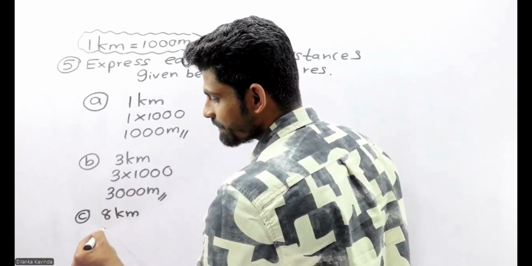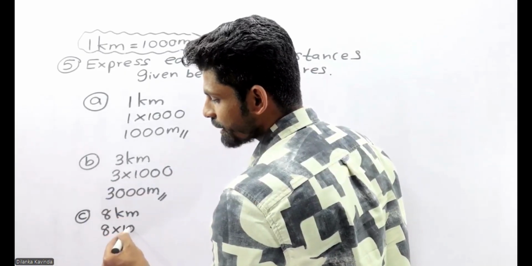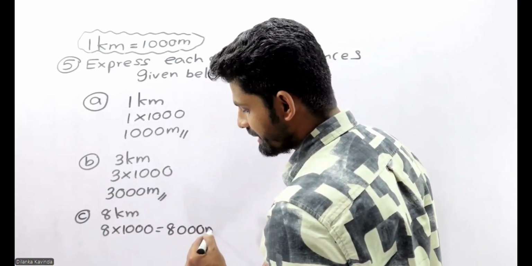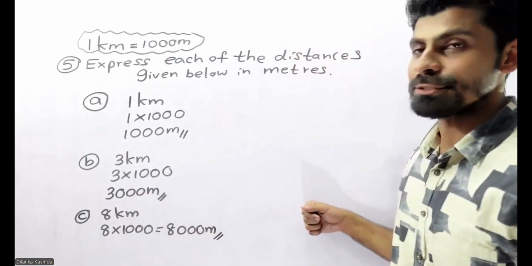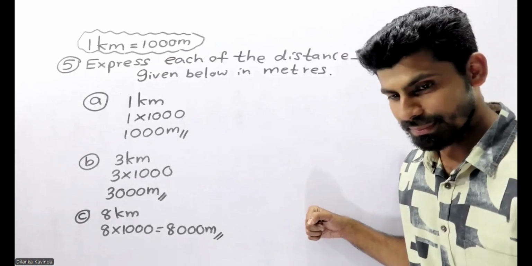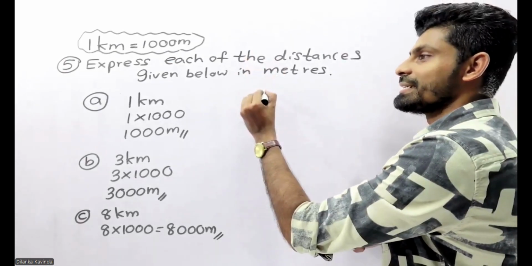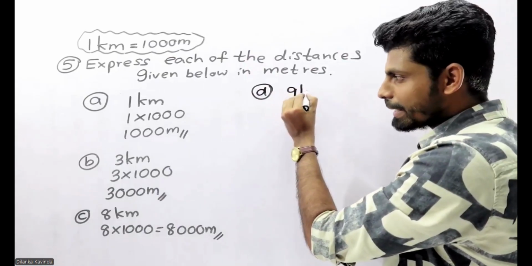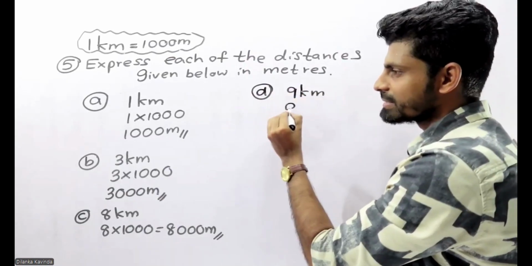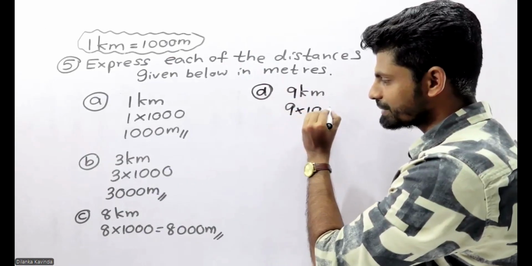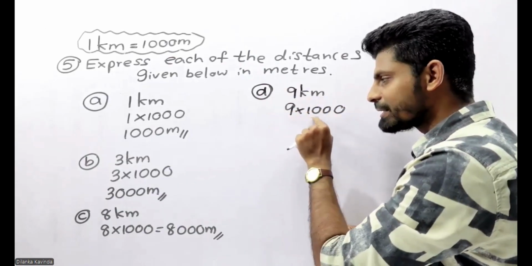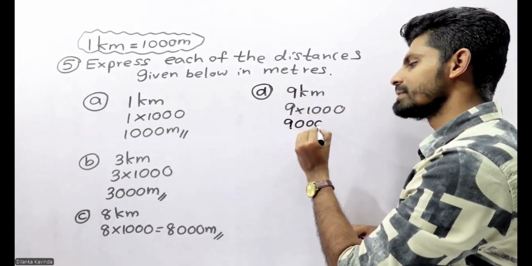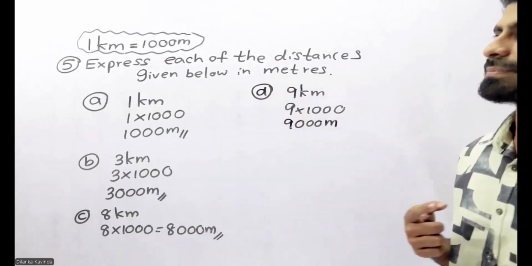8 kilometers. 8 into 1,000 means 8,000 meters. Question D: 9 kilometers, so 9 into 1,000. 9 and 3 zeros should be there. 9,000 meters.